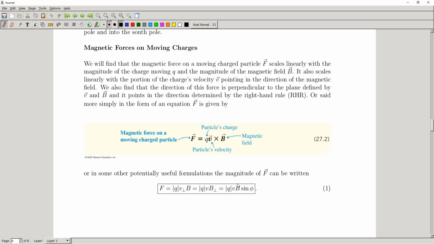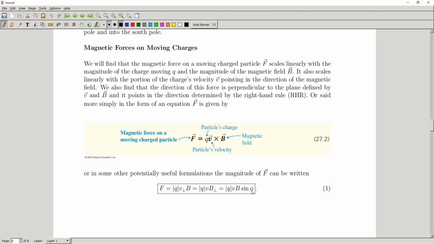Finally, this third version here is our direct translation from the cross product. If we are looking just for the magnitude, F is going to be equal to the magnitude of Q times the magnitude of our velocity times the magnitude of our magnetic field times the sine of the angle between V and B, and that's just going to be our phi here, right?